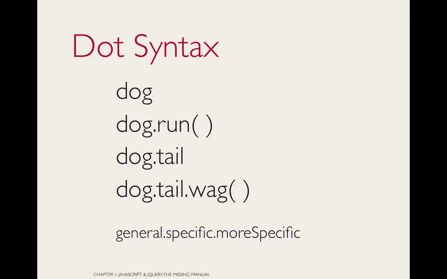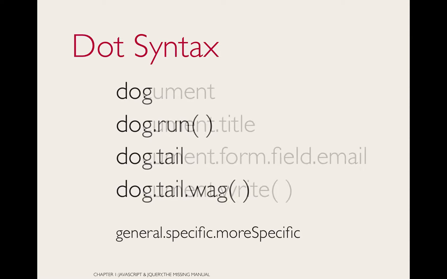You separate all the different objects with a period or a dot, and you go from general to more specific, left to right. A dog dot run, dog dot tail, dog dot tail dot wag. From general to specific, left to right. And this is how you create objects or create selections of objects in JavaScript.